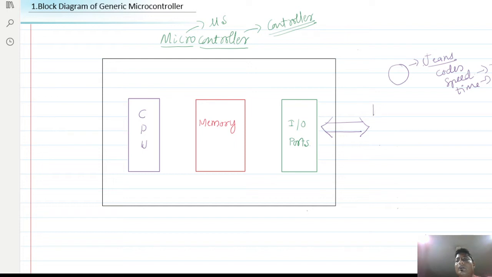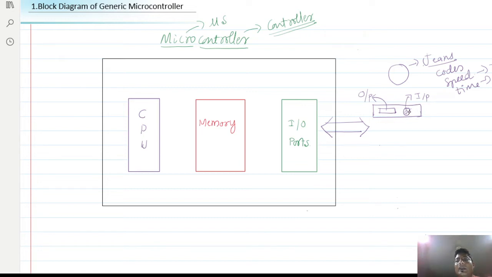The control panel that we see on a washing machine will have a knob and a display. This knob and display are directly connected to the microcontroller. The display is nothing but the output part, and the knob that we use to select different modes is nothing but the input part. These two are to be connected to the microcontroller.